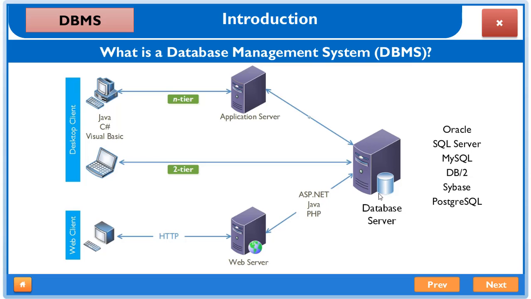The database server takes the request from the web server and returns data, which in turn is returned to the web client. The web application is written in a web application technology like ASP.NET, Java Server Pages, Cold Fusion, Servlets, PHP, CGI, Perl.